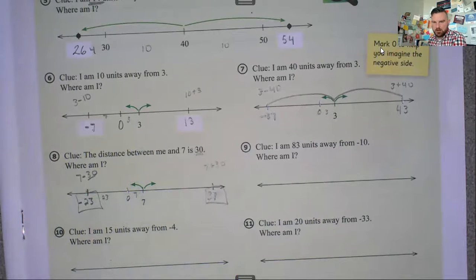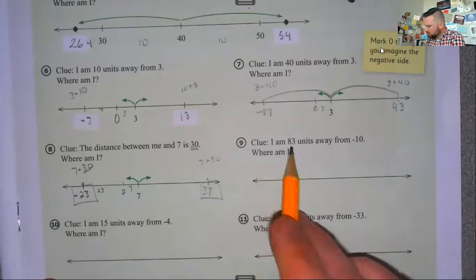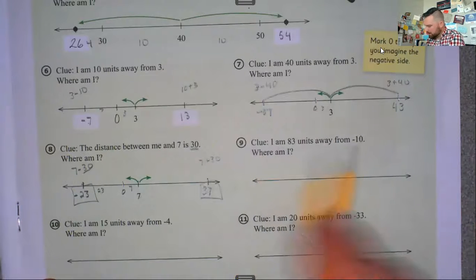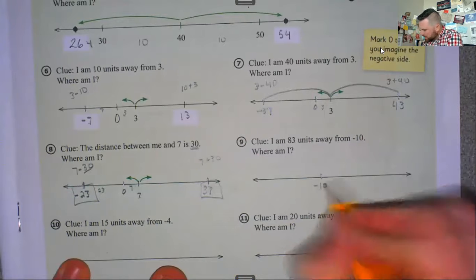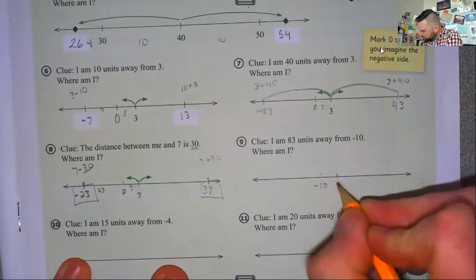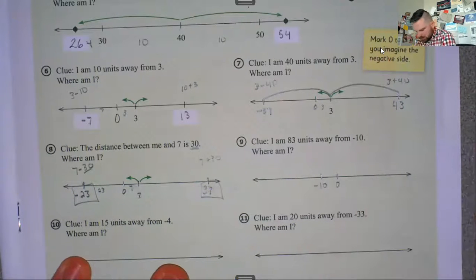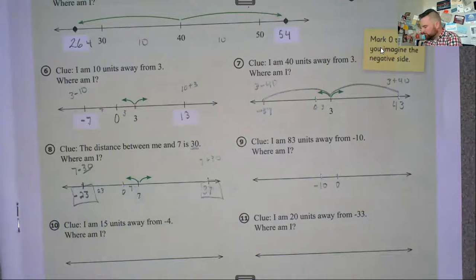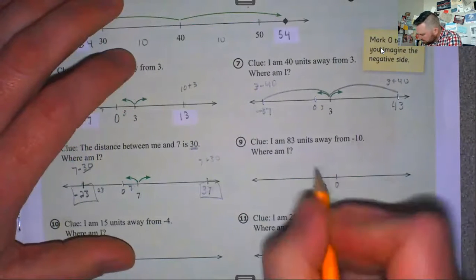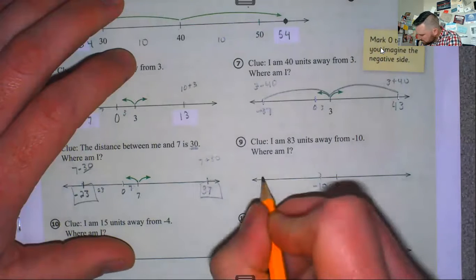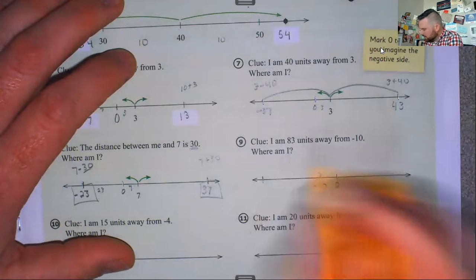Number 9, I am 83 units away from negative 10. Where am I? So here's negative 10. Here's 0. Now I need to go 83 units away. Well, if I go this way, we're going to combine the 83 with it.